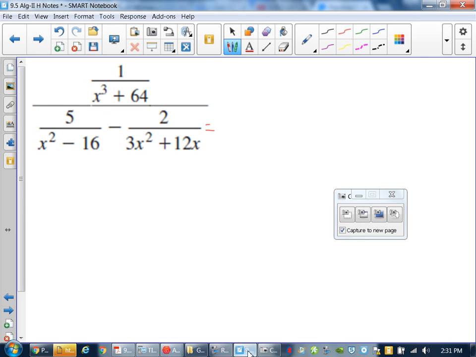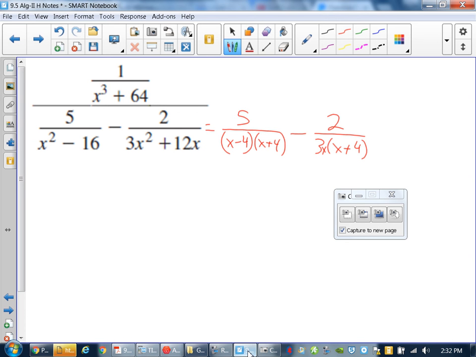What I want to do is write these denominators in their factored terms. So it's 5 over x squared minus 16, which means it's 5 over x minus 4, x plus 4, and 2 over, well, what's my GCF here? 3x, very good, and I'm left with then x plus 4.